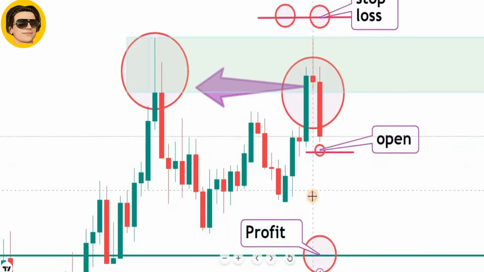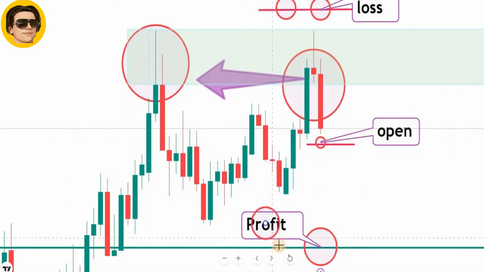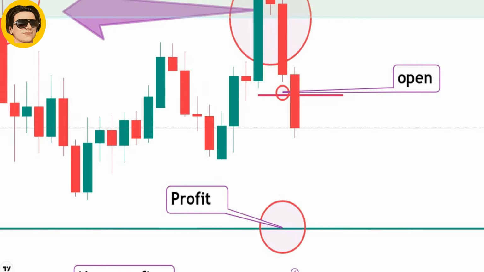Next pattern, open position and active strategy. Profit is the same size. Back pattern, active strategy. This candle, active strategy.